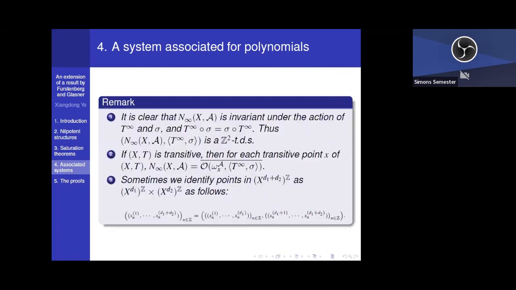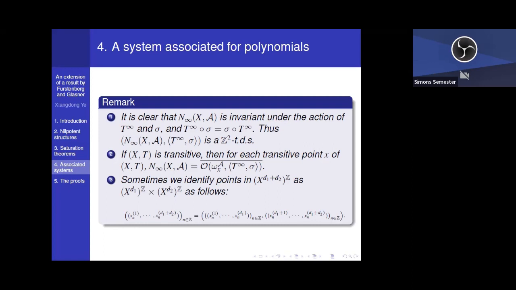It's not so difficult to say this is invariant under the action of T infinity and sigma. Also, they commute. So this means this is a Z^2 dynamical system.